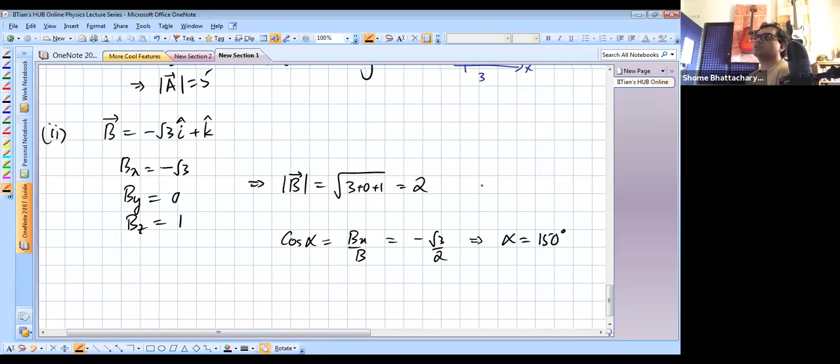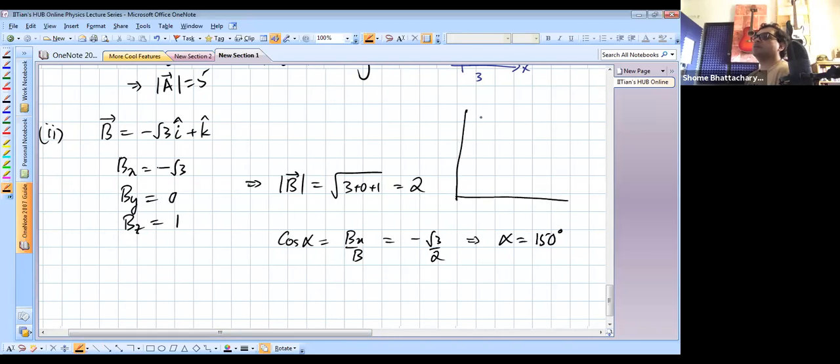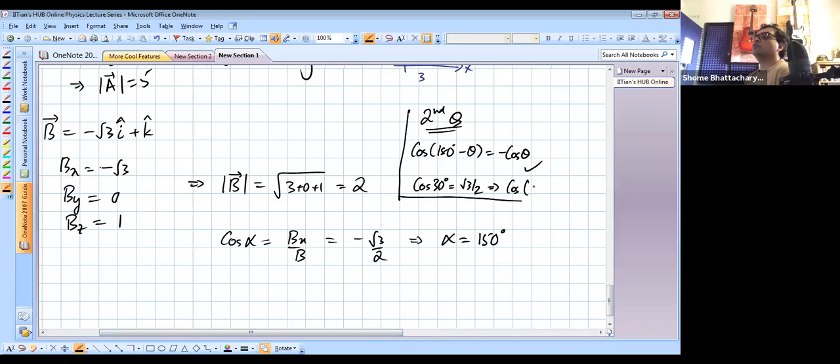I'm just using the fact that in the second quadrant, cos of 180 minus theta is minus cos theta. Since I know that cos of 30 is root 3 by 2, I know that cos of 150 has to be minus root 3 by 2. So I'm not doing any inverse trigonometric operation over here.